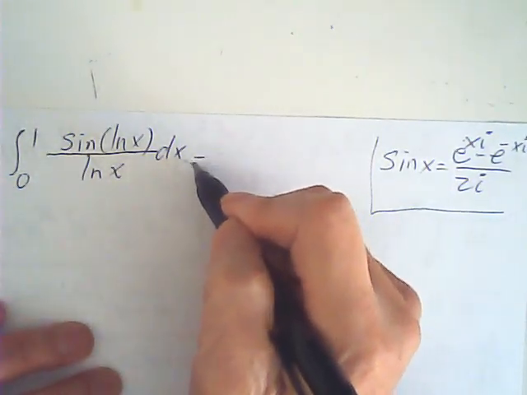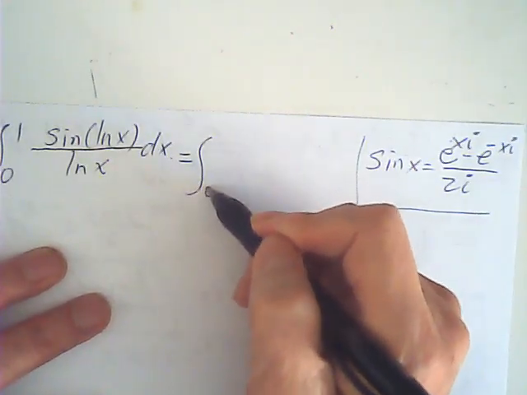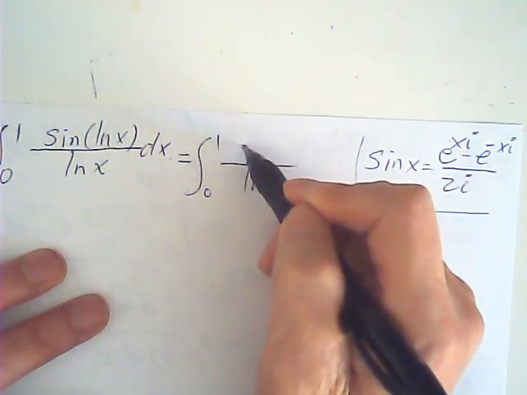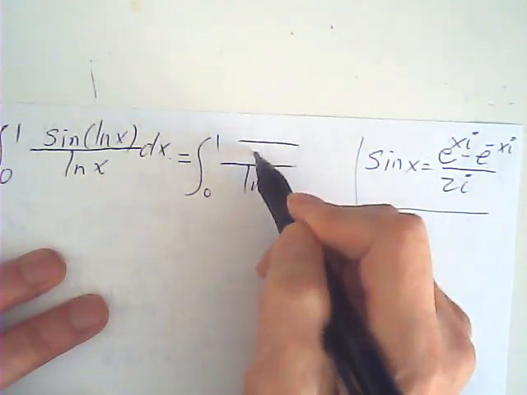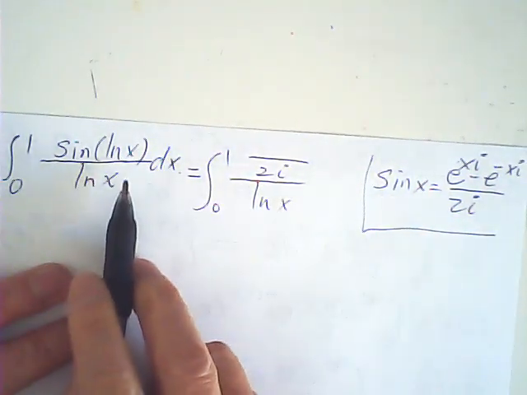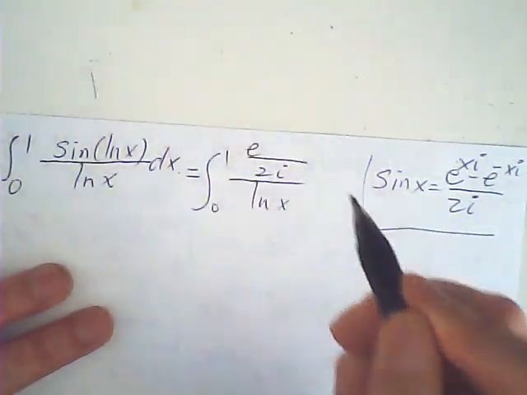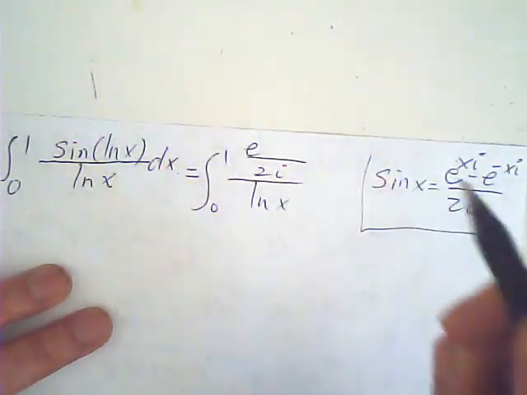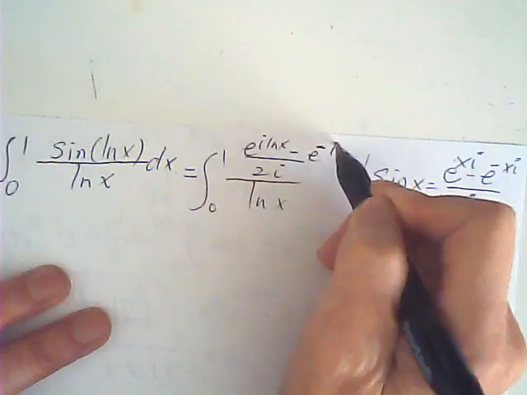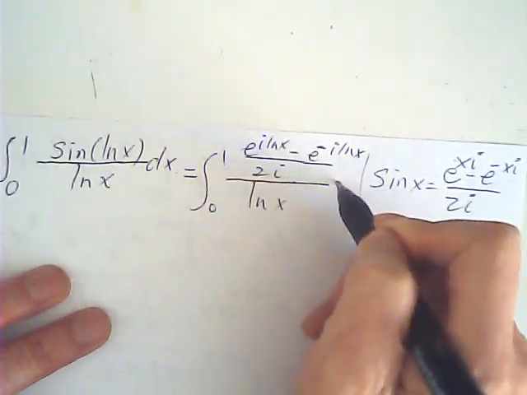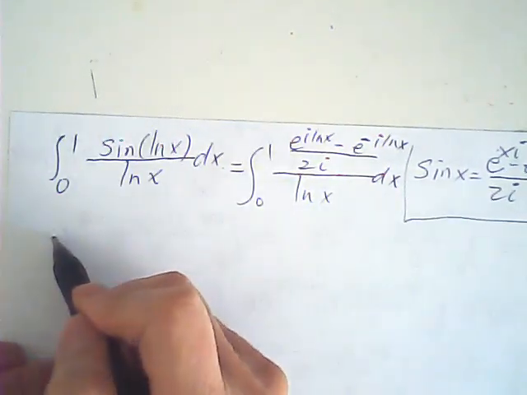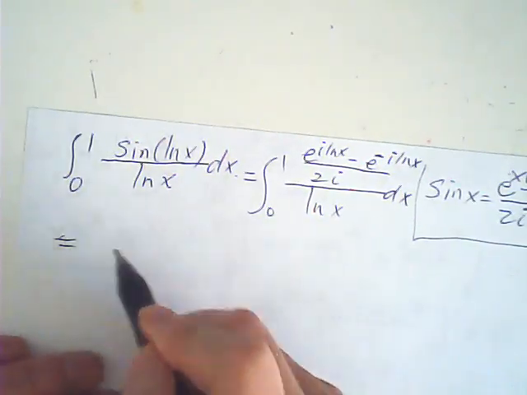Therefore, this one is equal to, from 0 to 1, 1 over 2i times e to the i log x minus e to the negative i log x, dx.